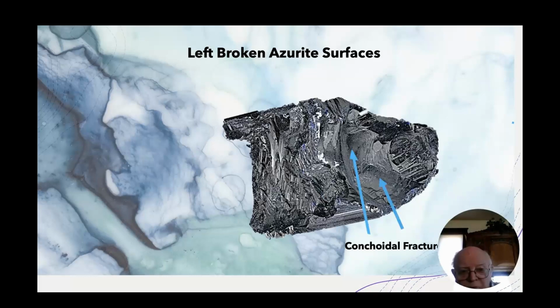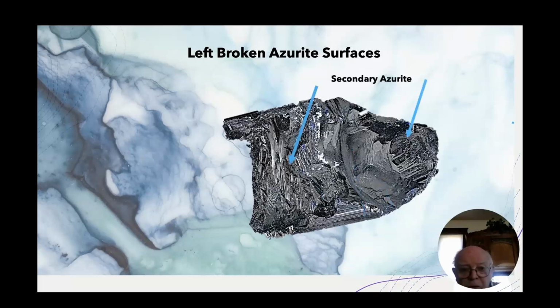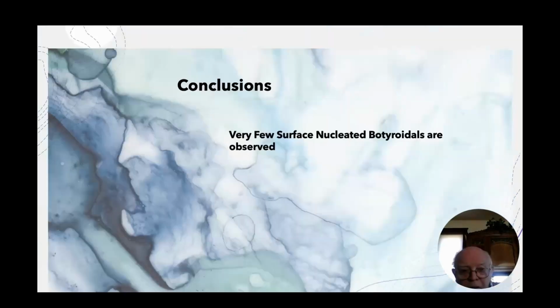Portions of the original broken surface are revealed by conchoidal fractures. Two areas of secondary azurite growth are revealed on this broken piece. This suggests that the outside surface of the azurite can also be growing at the same time.